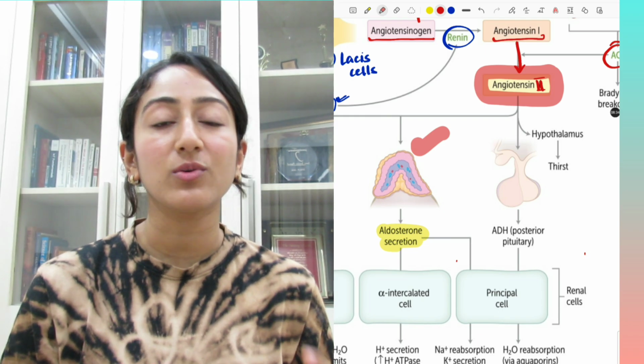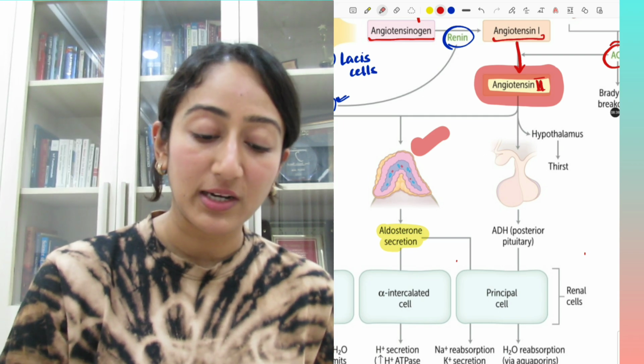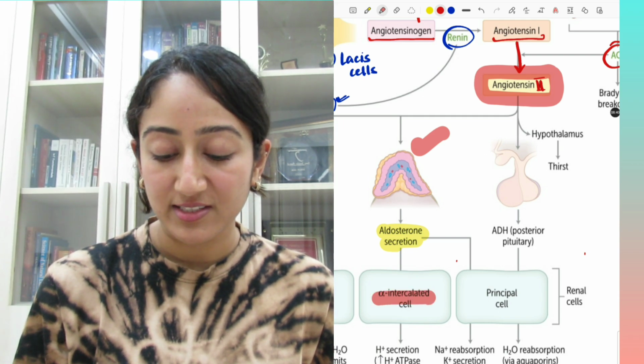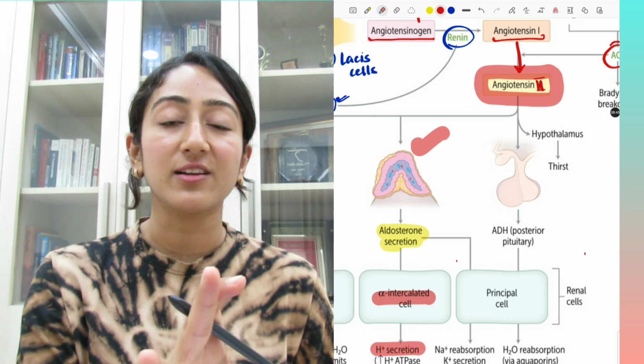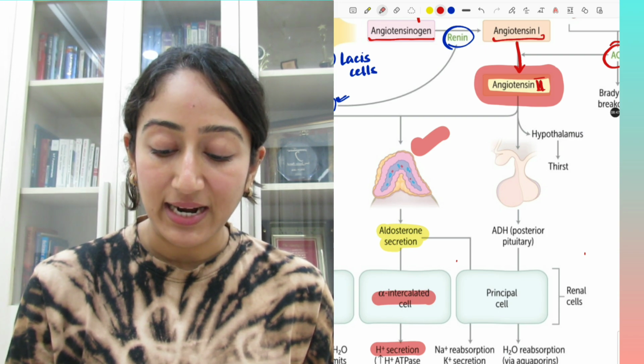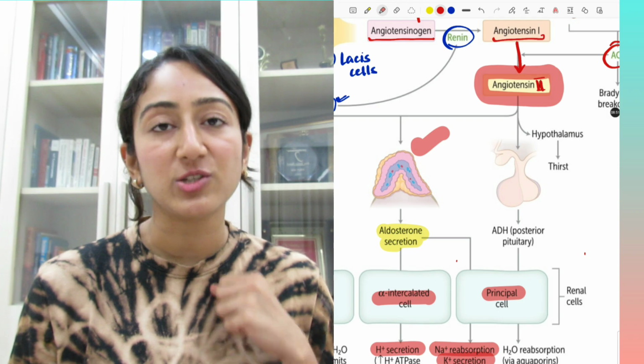We know that aldosterone hates potassium and hydrogen, and it loves sodium and water, right? So aldosterone acts on the alpha intercalated cells to cause increased hydrogen secretion. H plus ions are secreted into the urine, so they are lost, and it acts on the principal cells to cause sodium reabsorption and potassium secretion.